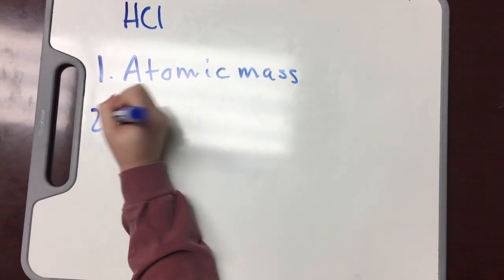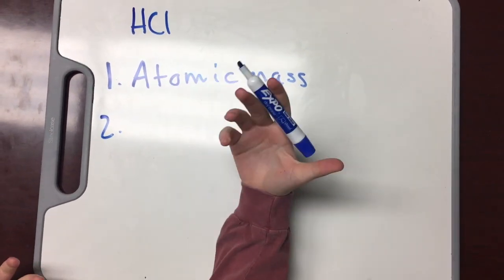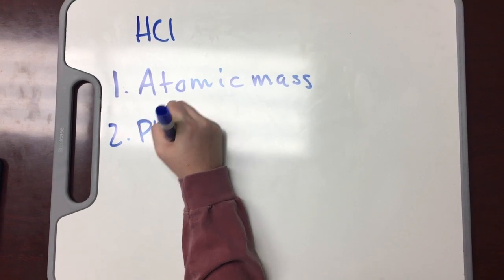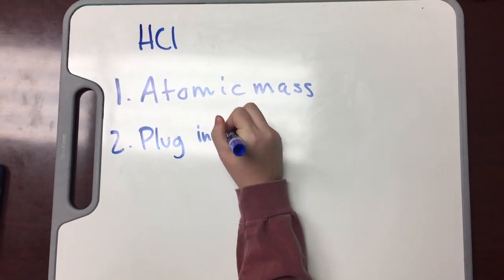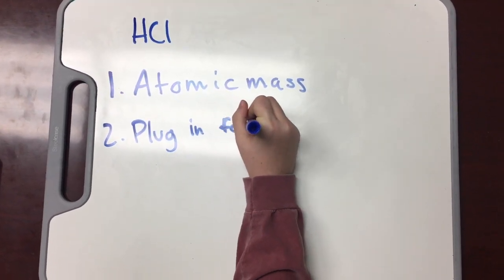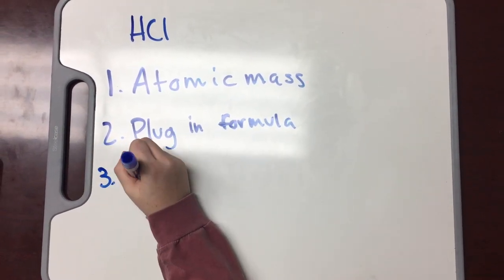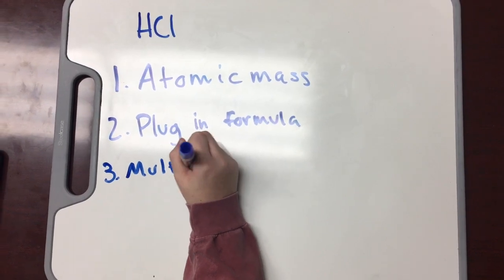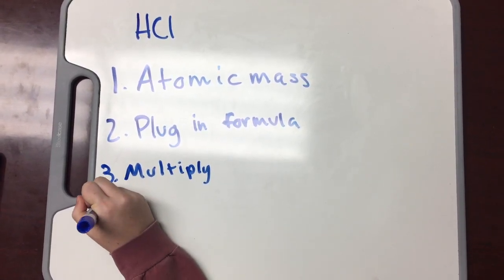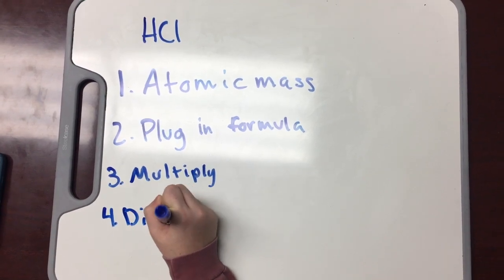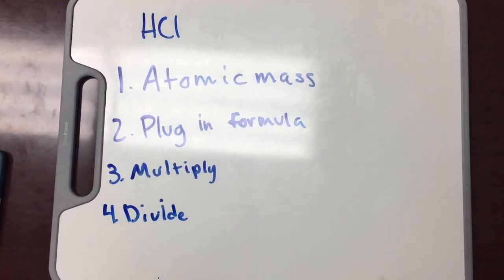Then we are going to plug in all of our numbers to the formula, which I'll show you how to do. Then we're going to multiply, and then our last step is divide, and after that we'll get our answer. So it'll all make more sense when I show you how to do it.